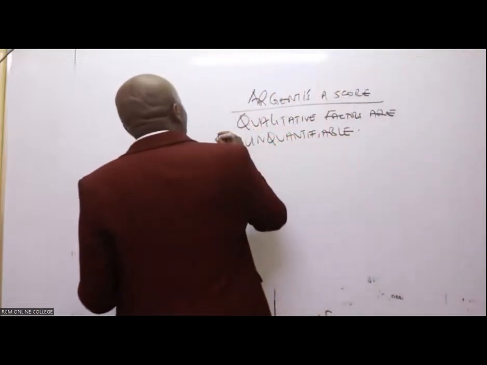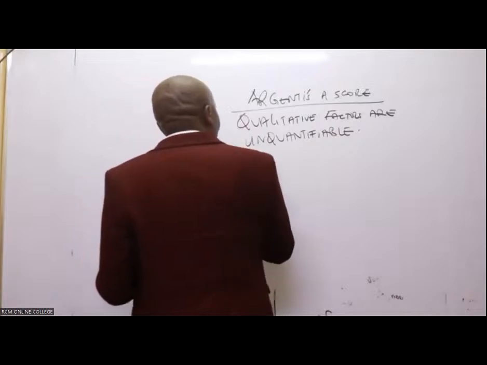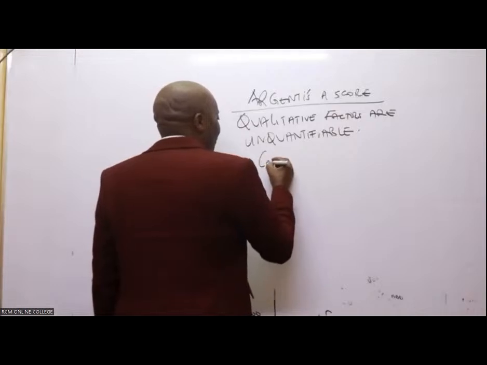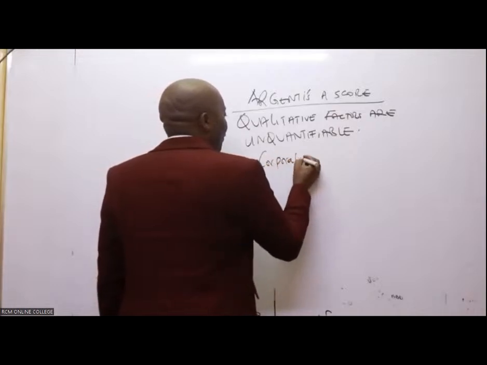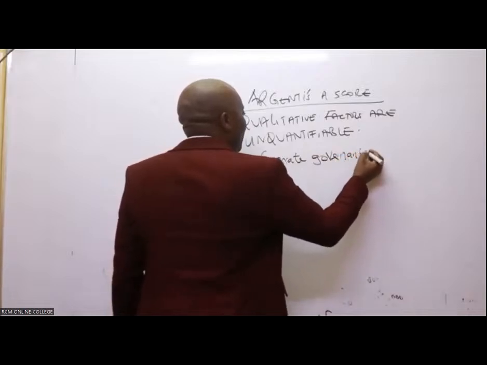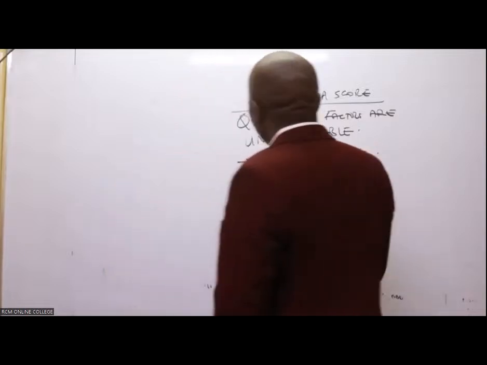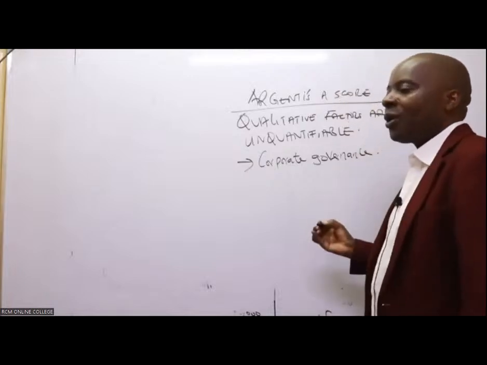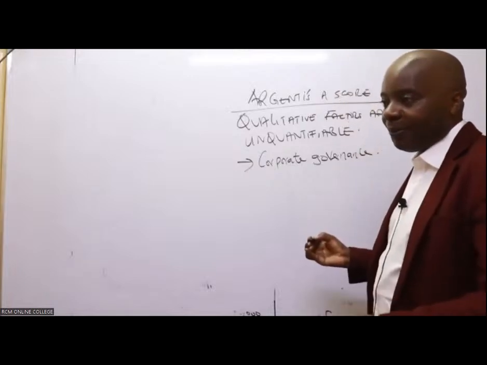For example, we have things like corporate governance. Any company that doesn't have a very effective corporate governance structure will collapse.